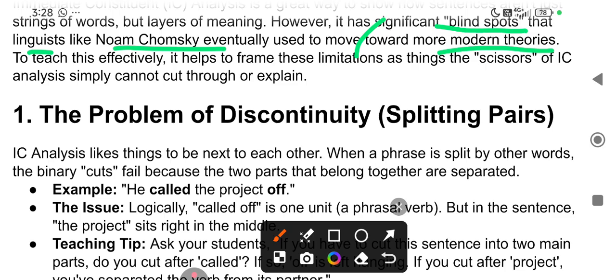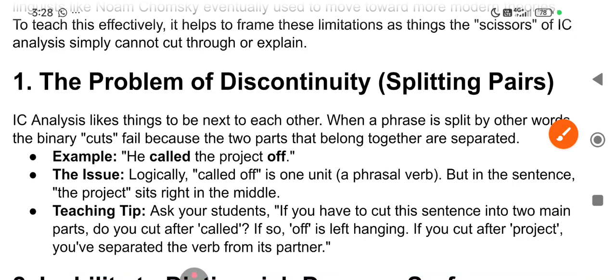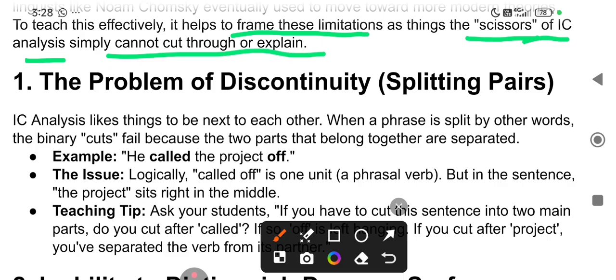So Noam Chomsky moved to modern theories, and to teach this effectively, it helps to frame these limitations as things the scissors of IC analysis simply cannot cut through or explain.